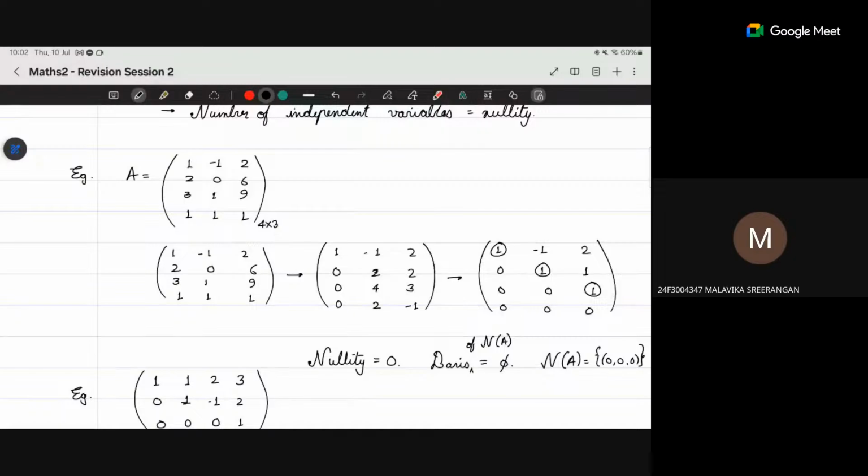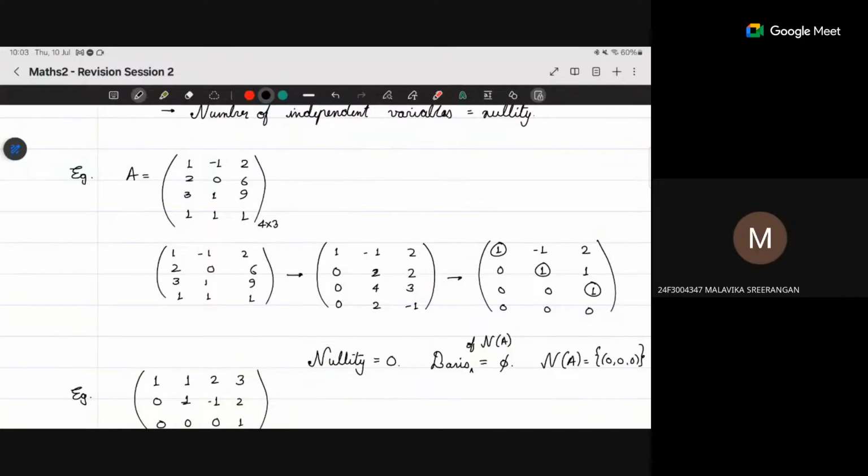And how is the basis empty? Nullity is 0, meaning the dimension of the null space is 0. And what is dimension? It is the number of elements in the basis. The number of elements in the basis is 0, meaning it is the empty set. Take it as a convention that the basis of the trivial subspace containing only one element is the empty set.